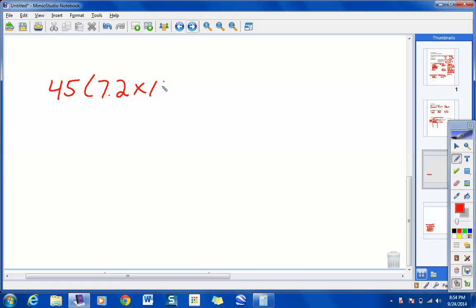All right, so likewise, guys, I'm going to turn this scientific notation into decimal notation. So I've got to move the decimal 4 to the left, so that'll be 0.00072.